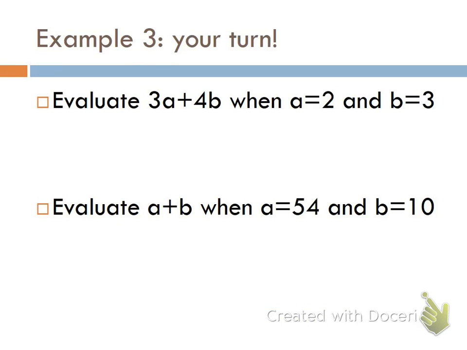All right, so let's try a couple. Your turn now on example 3. I want you to make your substitutions and try to solve these expressions. So now we have more than one variable. We plug them in and then we solve. All right, so we've got 3a plus 4b.